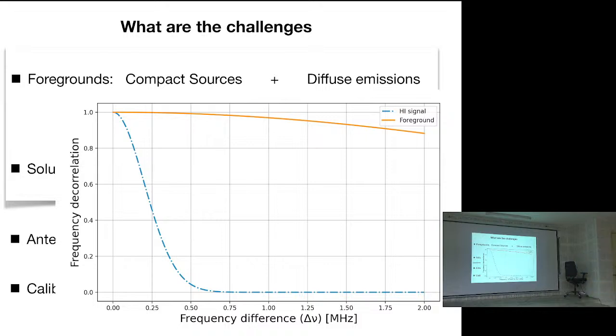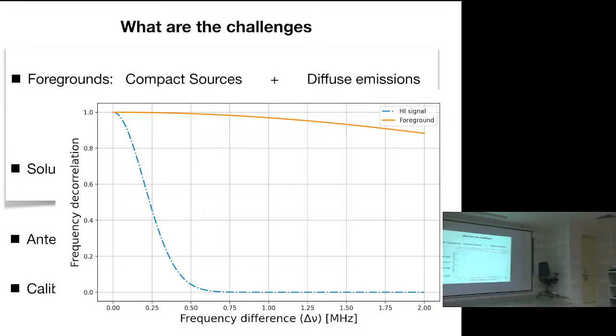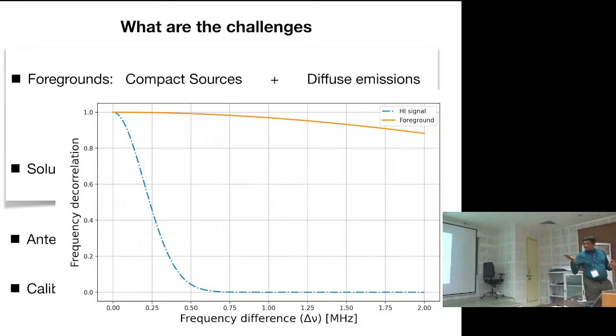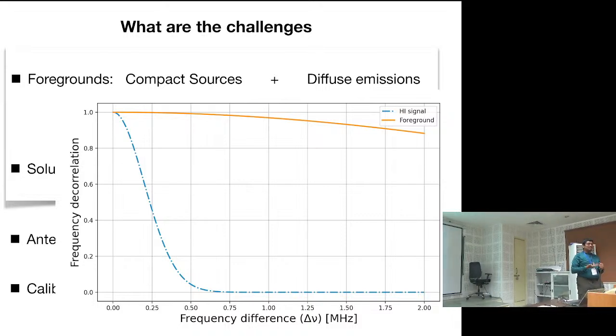On the other hand, for all the foreground signals, this happens for the 21 centimeter signal because it's a line emission. The actual emission peaks at a given line, and then because of thermal broadening, it goes on a little bit here and there. But synchrotron emission, or any other foreground emission, happens at all frequencies.